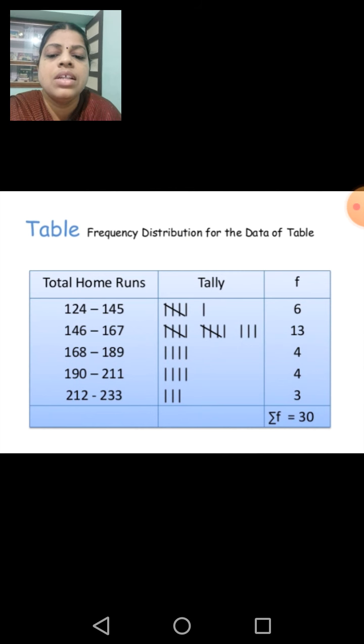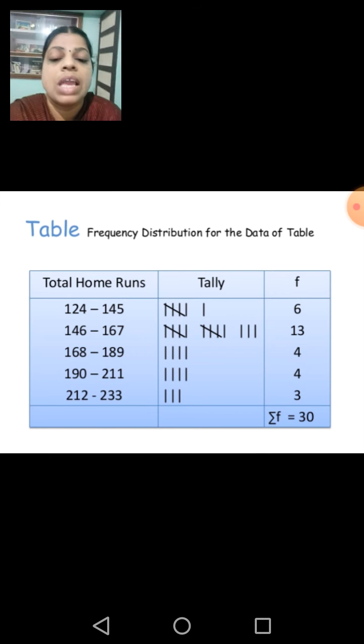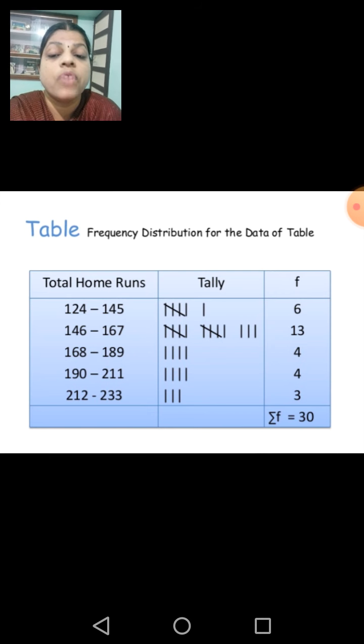Here we can see the frequency distribution for the data of the table. Here we have condensed our information under different classes and formed the frequency distribution table for such data. As I have told you about how to form a frequency distribution, here we can see 124 to 145.